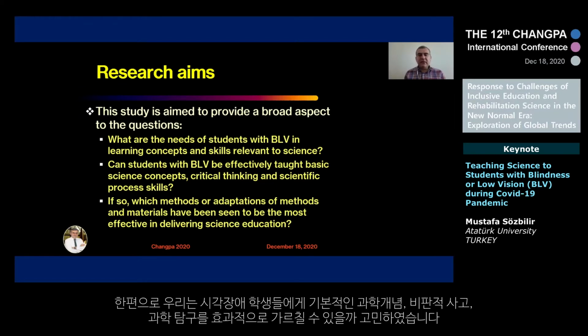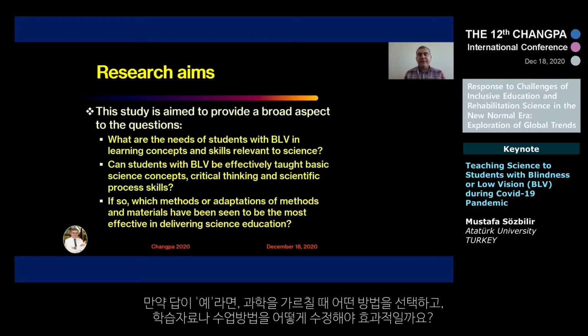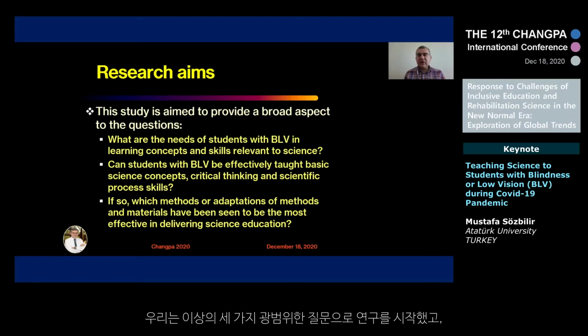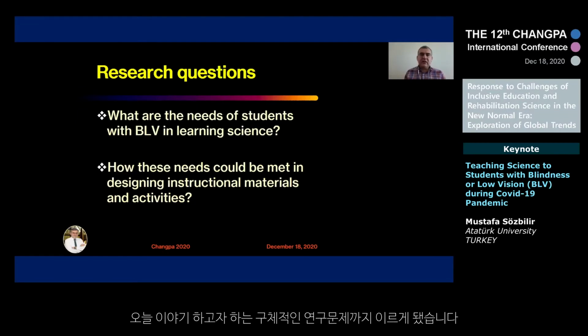On the other hand, we wondered: can we effectively teach basic science concepts, critical thinking skills, and scientific process skills to these visually impaired students? If the answer is yes, then what kind of adaptation of the materials and the methods can we use in teaching, and could it be effective in delivering science? So we started with these three broad questions, and then we came down to our research questions, which I'm going to talk about today.